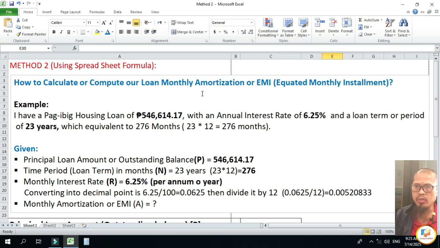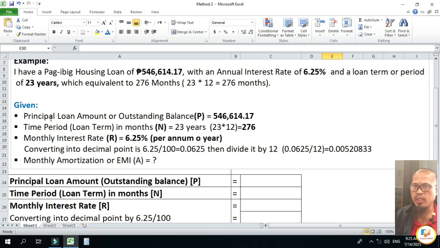So the principal loan amount or outstanding balance, which is P, is 546,614.17. The time period or loan term in months, which is 23 years, is equivalent to 276 months.